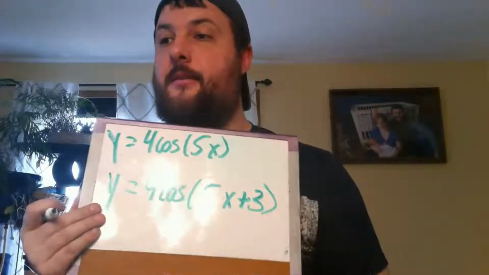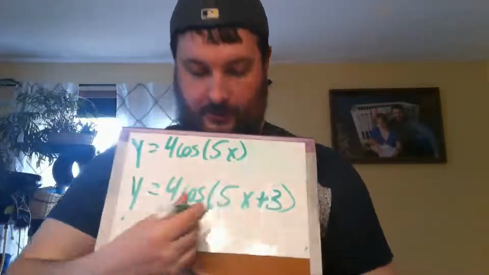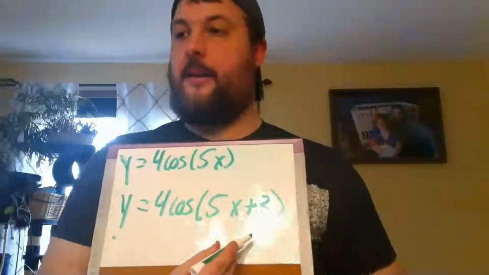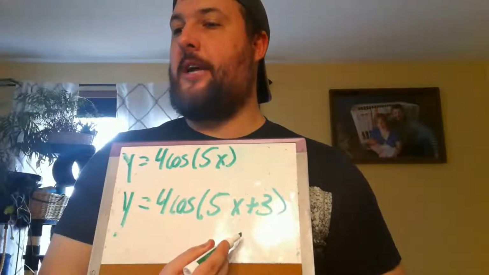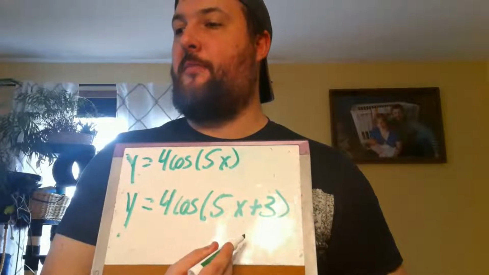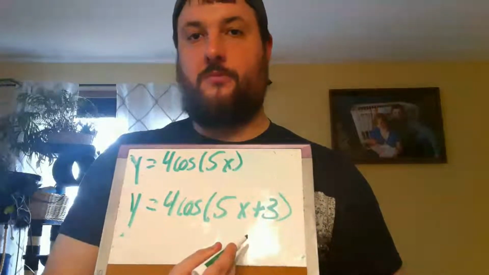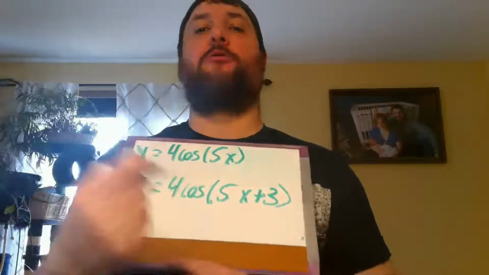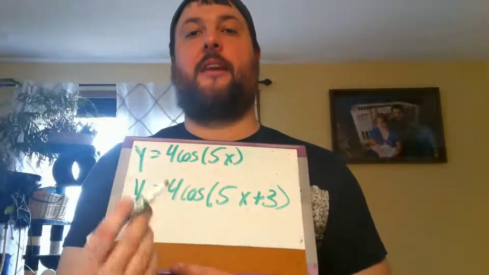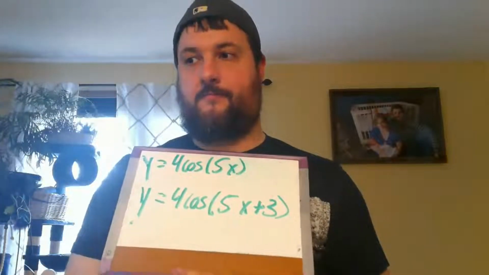If I were to write it with the plus 3 in the parentheses, the equation for the midline would still have been y equals 0. So what's added outside of the parentheses is what gives you that answer.